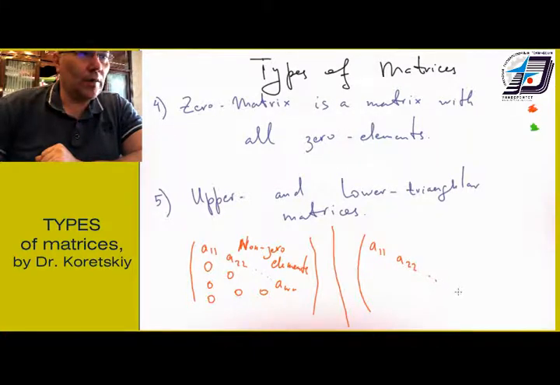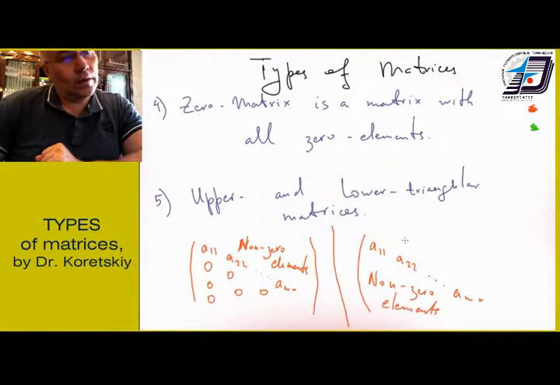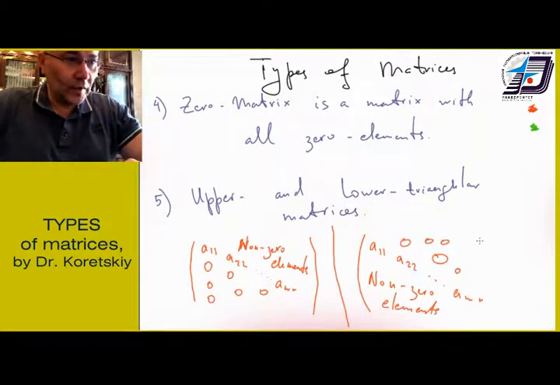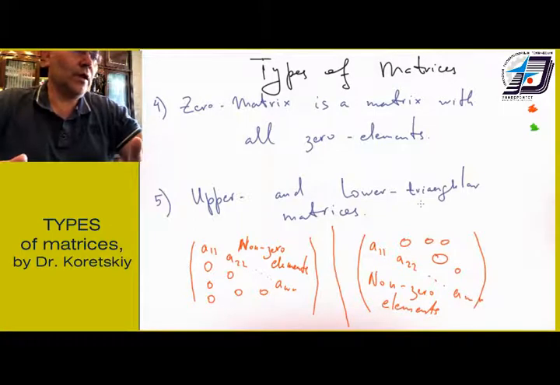Non-zero elements are on and below the main or principal leading diagonal, and all elements above the main diagonal are equal to 0. So both of these matrices have a kind of triangular view.